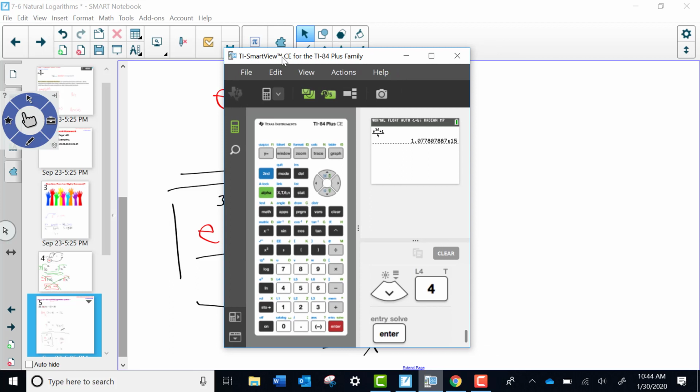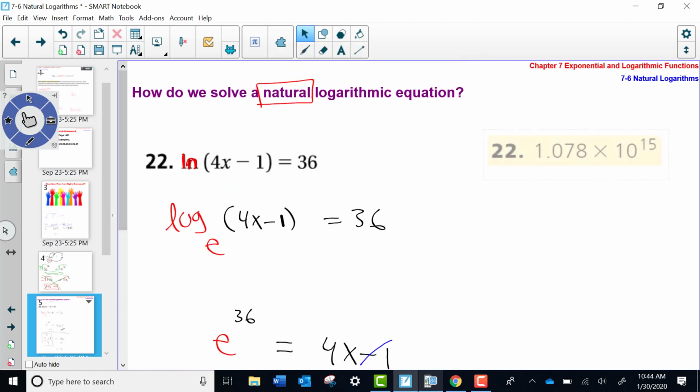Whenever you see e to the 15th on your calculator, that's just scientific notation. That just means times 10 to the 15th power. So the answer is 1.078 times 10 to the 15th power.